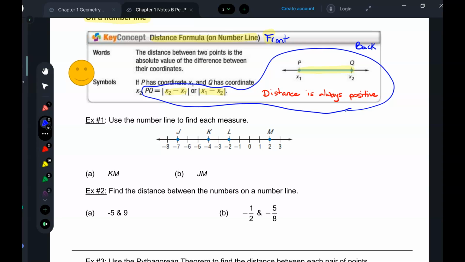Remember last class, we talked about the difference between the line, the segment, and when there's nothing above it, which is the distance between the two points, or the length of the segment.